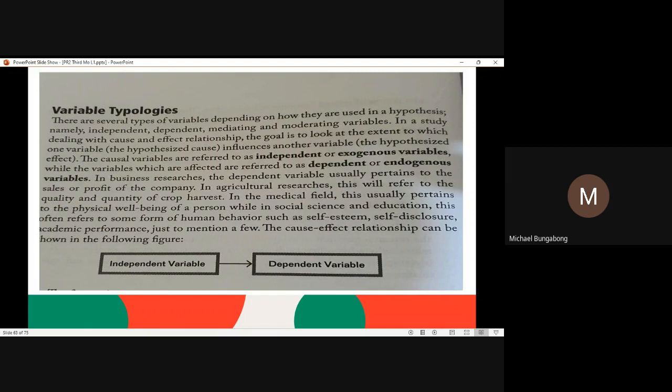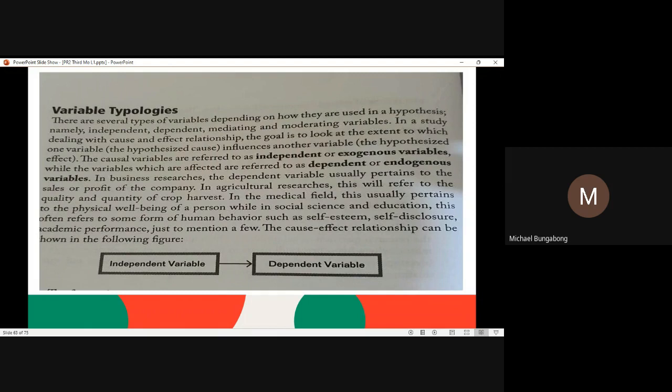What else? The weather conditions. So, ang daming factors. So, nakarely yung quality and quantity. Kaya nga sila dependent variable. Okay? Nakadepende sila sa magiging epekto kay independent variable. So, you have to identify first which one is independent and which one is dependent. Kasi, pag alam mo na yan, then therefore, alam na natin kung sino yung affected to that.